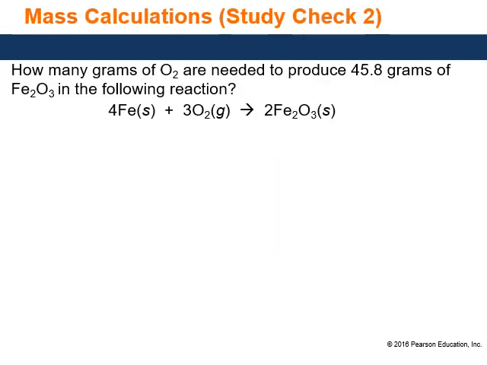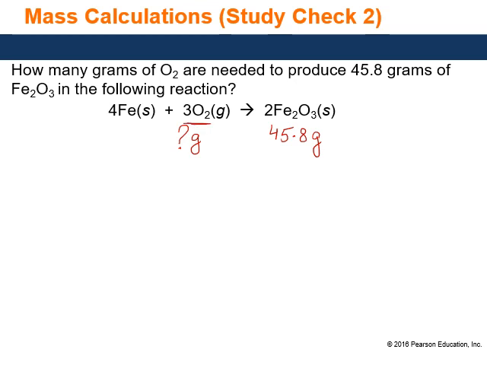How many grams of oxygen are needed to produce 45.8 grams of iron oxide in the following reaction? So the question is asking how many grams of oxygen are needed to produce 45.8 grams of Fe2O3. If I want to make 45.8 grams of this, how many grams of oxygen should I use?